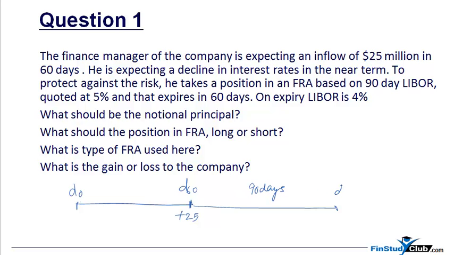Alright, so that makes this day 150, which is day 60 plus 90, 150. So this is the period over which he looks to park the money, which is over 90 days.